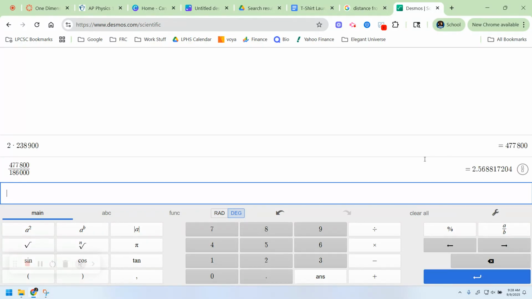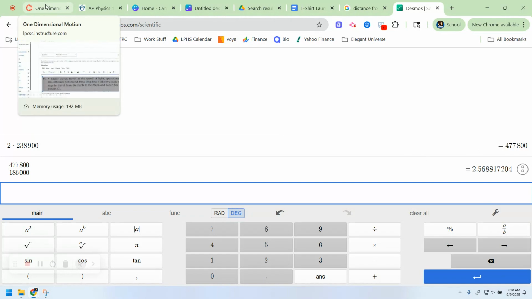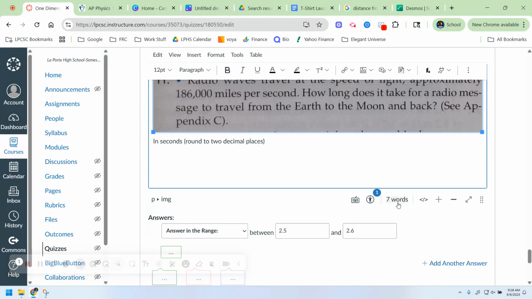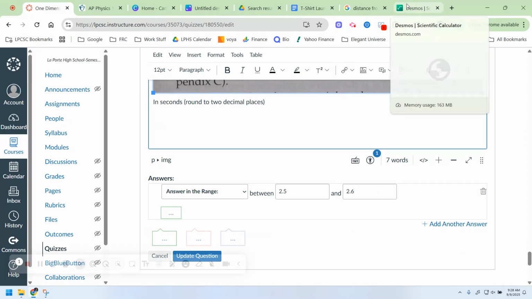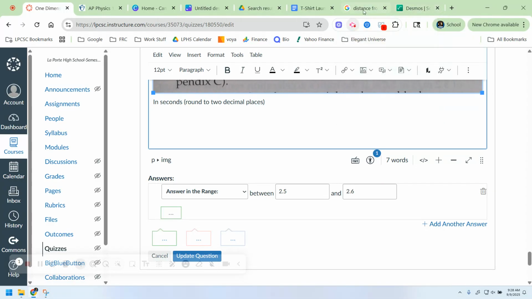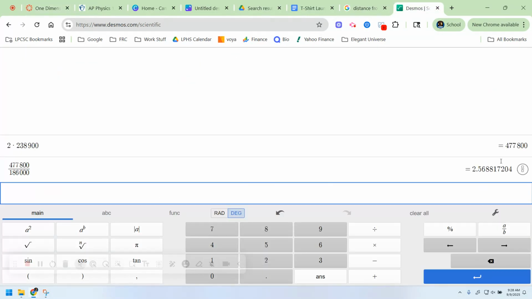Now on the answers, I said it's going to be between 2.5 and 2.6, because if you Googled the answers, depending on where you find the information, that distance could vary. Any answer between 2.5 and 2.6 would work. If you round this to one decimal place, it'd be 2.6.